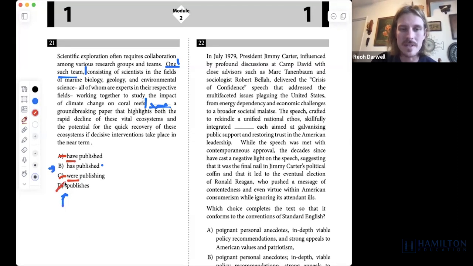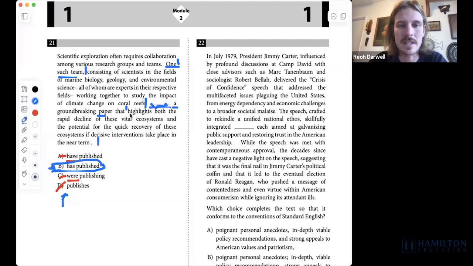But why do we know it's not the simple present? Well, the team has published this groundbreaking paper. It is not something that is currently happening presently. It is something that did take place, so it has been published, and it does these things currently.